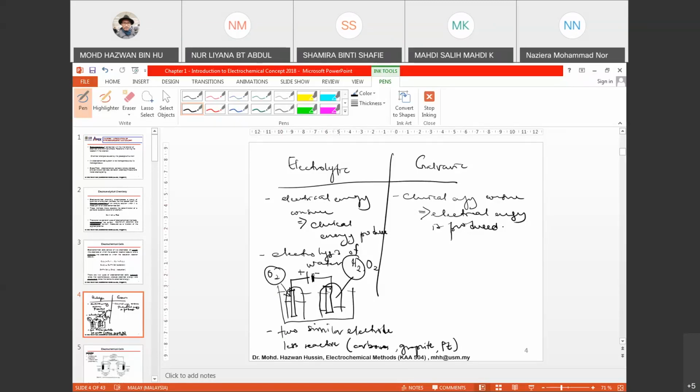So the gas that will be produced at cathode is hydrogen gas, and the gas that will be produced at anode is actually oxygen. And notice that the volume of gas produced over here and over here is not the same.